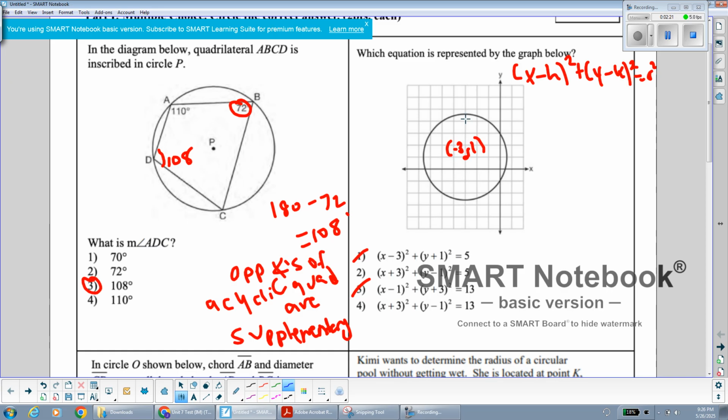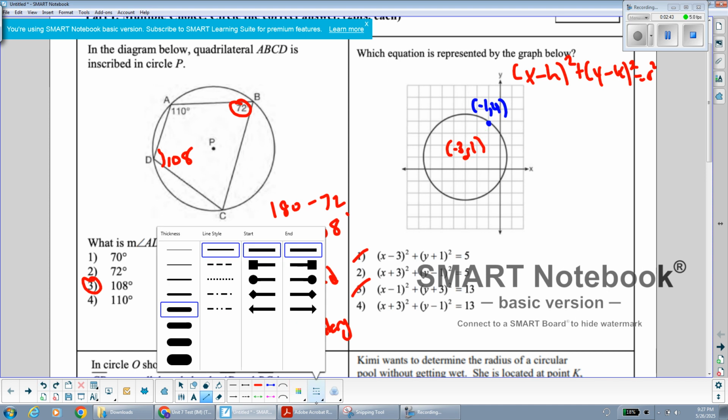So I want to look for a clear point, and any clear point will be fine. I'll go with this one right over here. And that's the point -1, 1. And I can see that that is on the circle. Ooh, that's really thick. Let me get a thinner line for that.